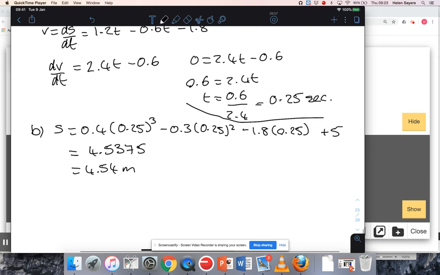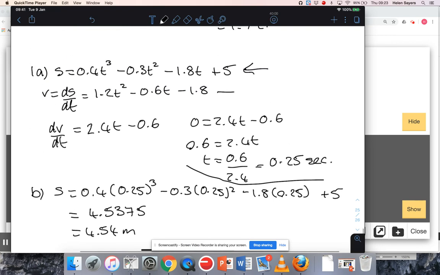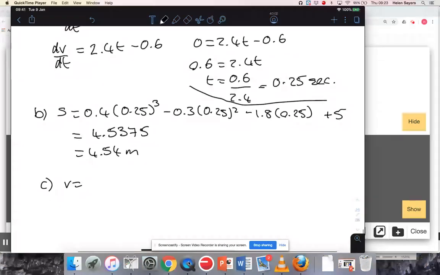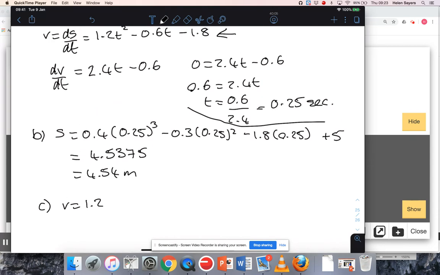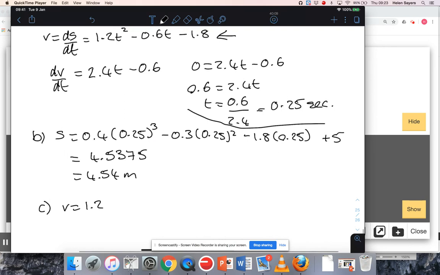Then it wants the velocity of P at this time. So I've got the velocity up here. Let's copy it out and sub in the 0.25. So it's 1.2 times t squared minus 0.6 times t minus 1.8.